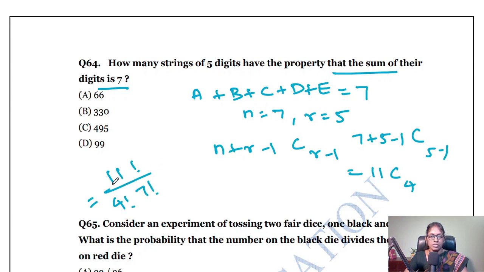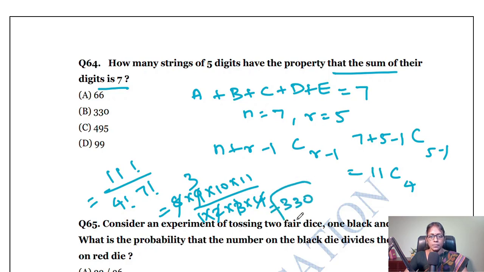So 7 factorial will cancel, right? Remaining is 8 into 9 into 10 into 11, and here 4 factorial is 1 into 2 into 3 into 4. So 4 2s are 8, this will be removed, and 3 3s are 9. So 3 10s are 30, 30 into 11 is equal to 330, which is the answer.